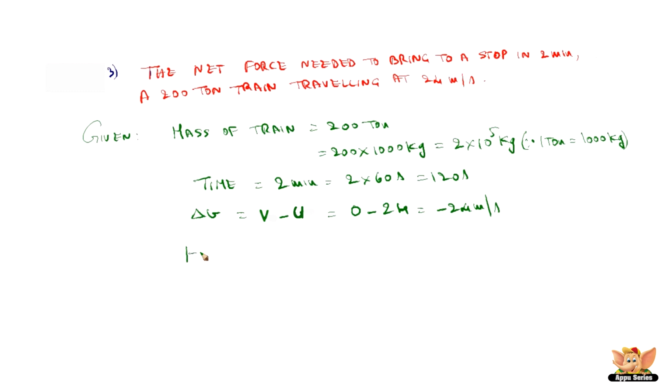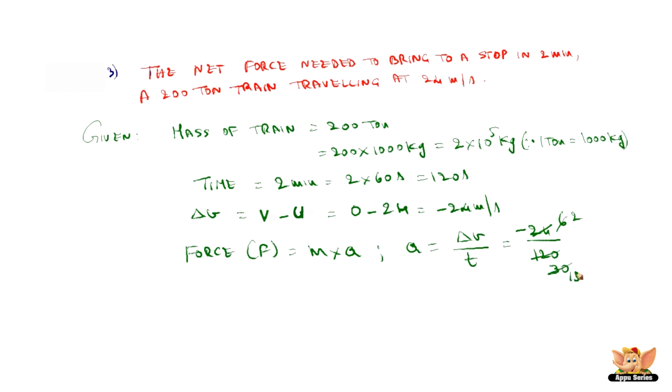Now we know the force F is equal to m into A, and here A is the change in velocity by time taken, which is minus 24 by 120, which is minus 1 by 5 meter per second square.